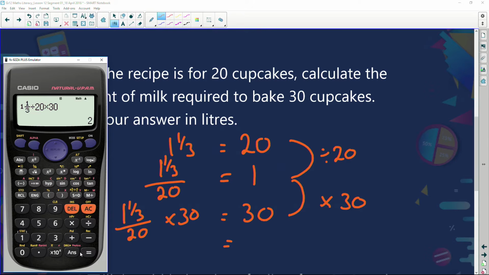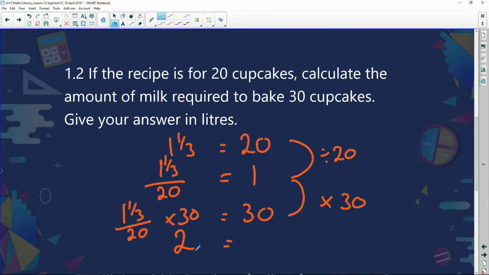And my answer is 2 cups. So I need 2 cups of milk. Now, folk, even though we've worked out cups, the answer wants liters. I know that 1 cup's 250 mils, so 2 cups must be 500 mils. So I've got 500 milliliters of milk that I need.